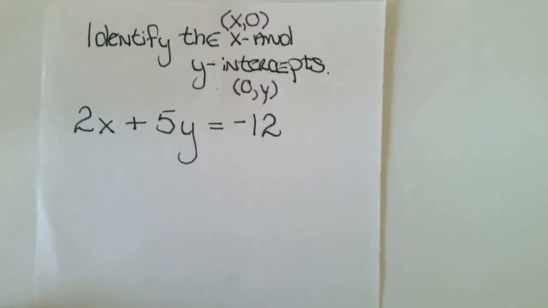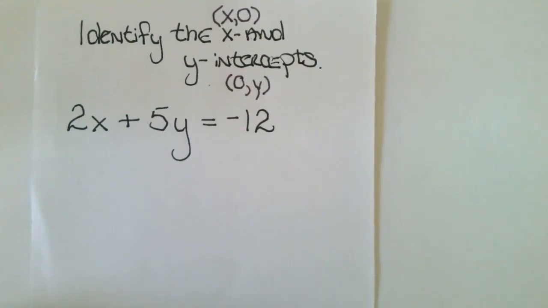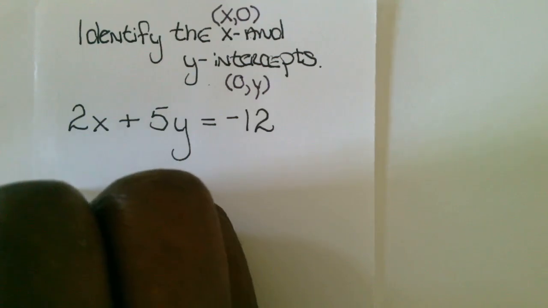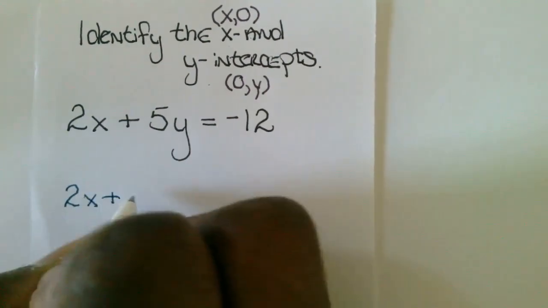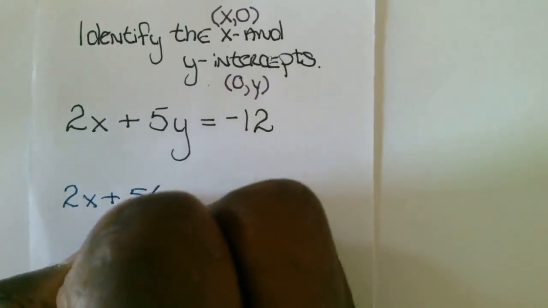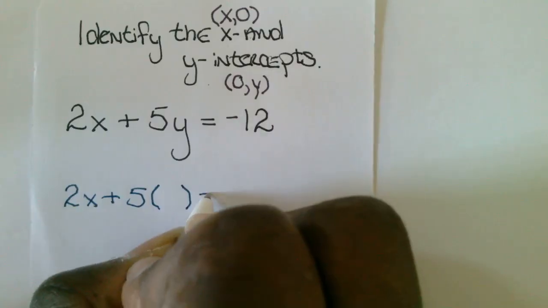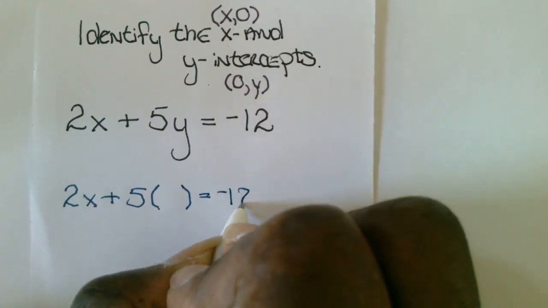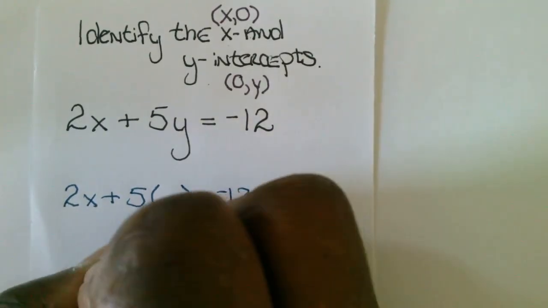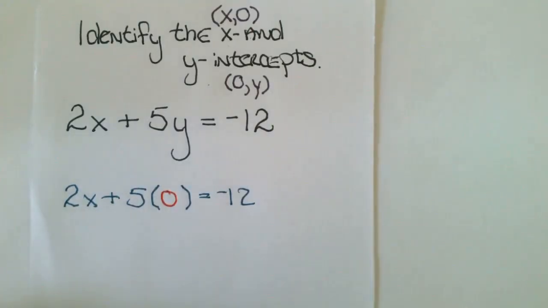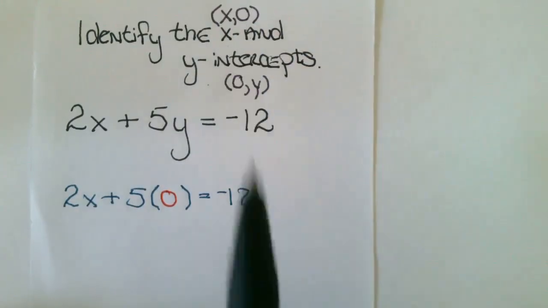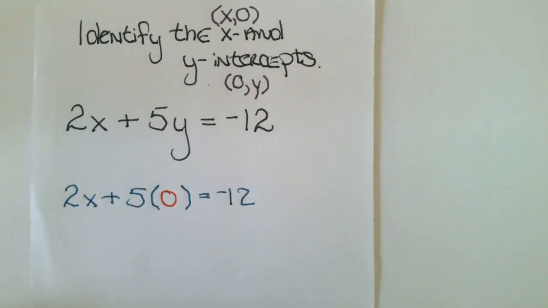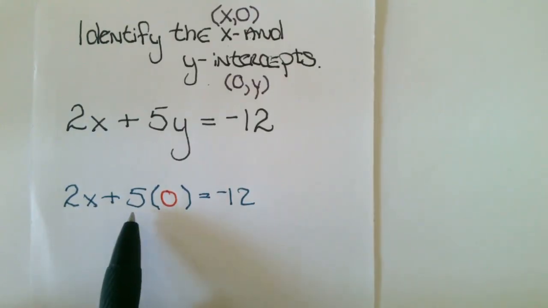So let me show you. If I want to find the x-intercepts, I'm going to use my 2x plus 5y, and I'm going to replace the y with a 0. For me to find the x-intercepts, the y value is equal to 0. So now take a look.